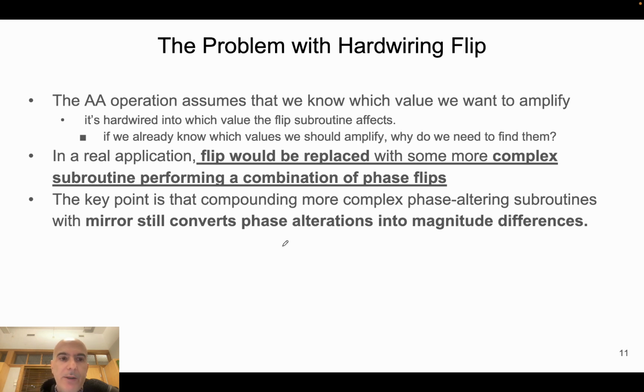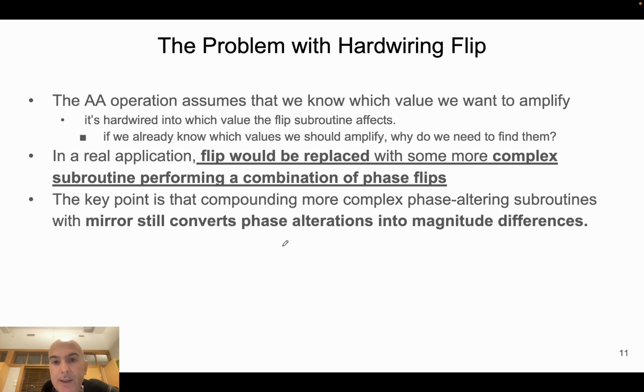Well, it turns out that in a real application, the so-called quantum search, the flip operation will actually be replaced with some more complex subroutine that typically performs a quantum conditional operation, performing a combination of phase flips.